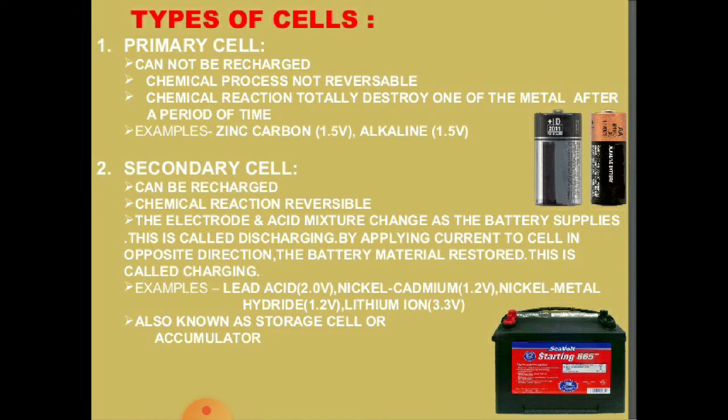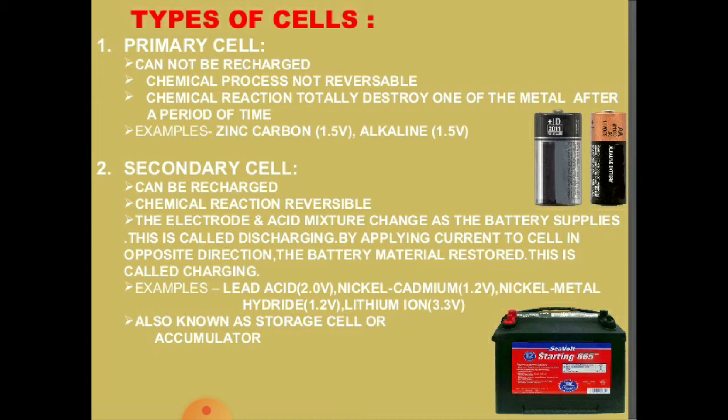There are two types of cells: the primary cell and the secondary cell. A primary cell is a cell which cannot be recharged and can never be reused, because its chemical reactions cannot be reversed. Once the chemical reaction gets over, all the chemical energy turns into electrical energy.